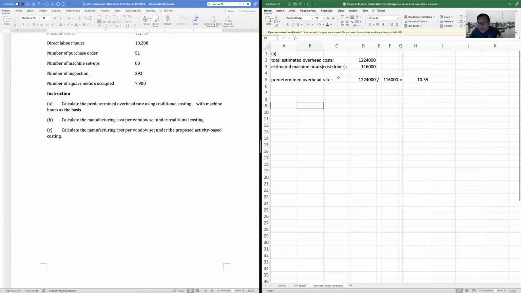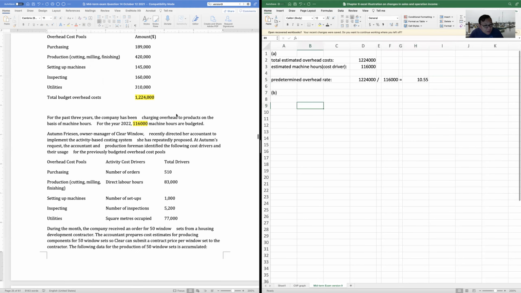In this question, they are using machine hours as the basis, or we call it cost driver. So for every machine hour, the allocated overhead cost is $10.55.